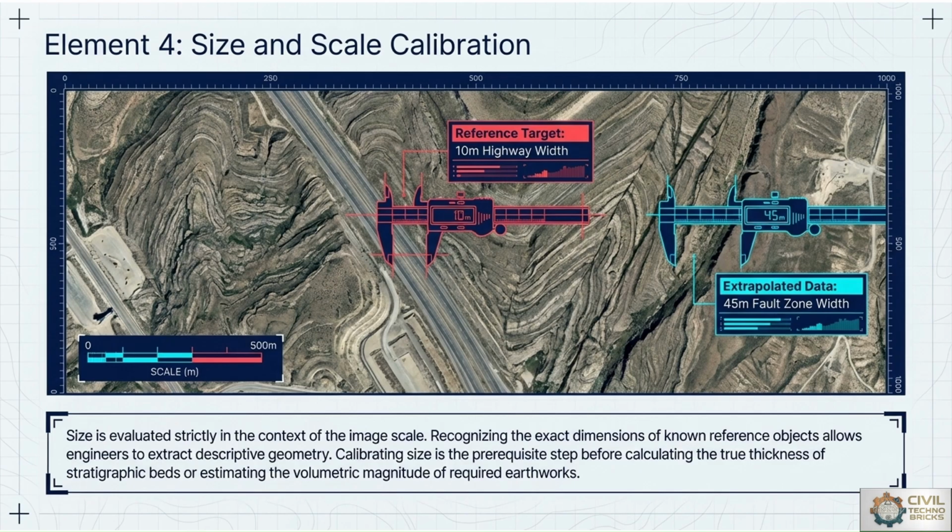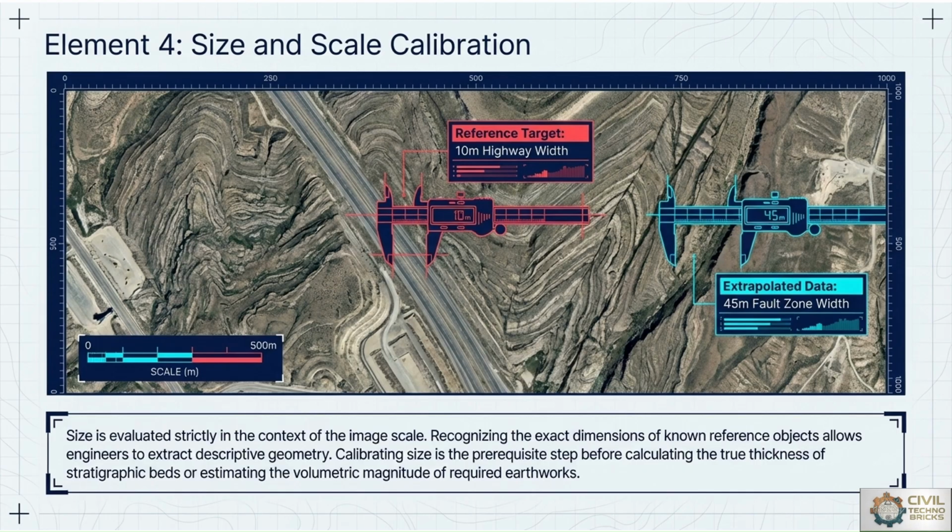With reference to the size and scale calibration point of view, we can check that size is evaluated strictly in the context of an image scale, recognizing the exact dimensions of known reference objects, which allows engineers to extract descriptive geometry information.